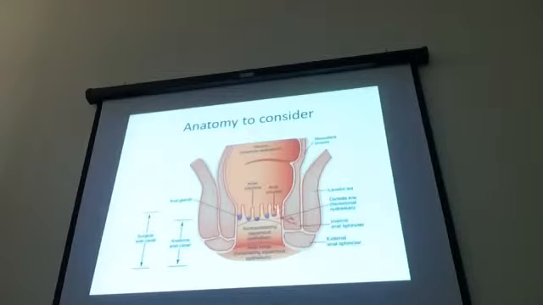The anatomy is that we have these sinuses and we have these anal columns, which are covered by squamous mucosa and alternate with glandular mucosa here. In each of the pits of these columns, there are little anal glands that have a columnar mucosa and a submucosal gland.